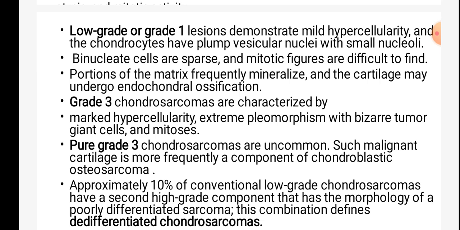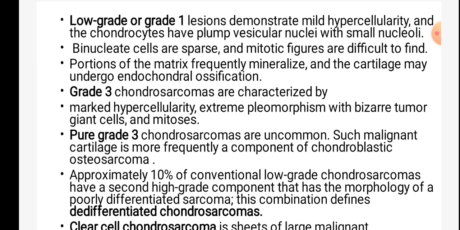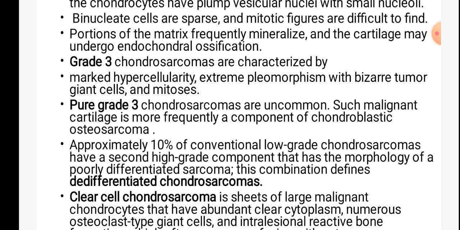Grade 3 chondrosarcomas are characterized by marked hypercellularity, extreme pleomorphism with bizarre tumor giant cells and mitoses. Pure grade 3 chondrosarcomas are uncommon. Such malignant cartilage is more frequently a component of chondroblastic osteosarcomas.